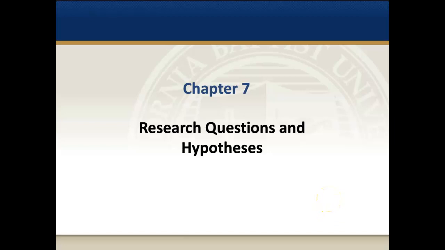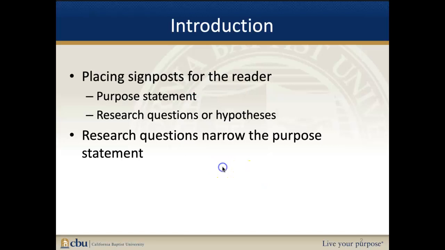So let's get started. Research questions, you remember, come at the end of your introduction section of the paper, after you have laid out an overview of the discussion surrounding your general topic, and then after you've developed this funnel that we keep talking about in your introductory discussion.